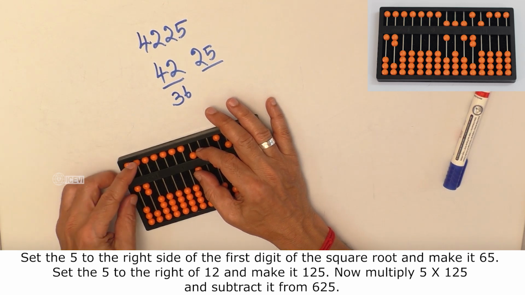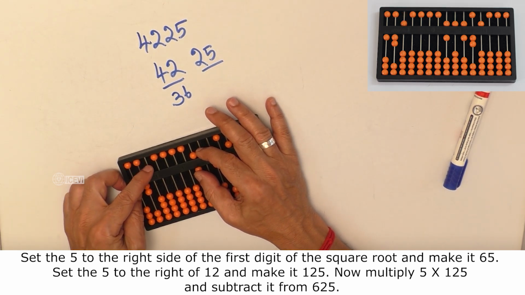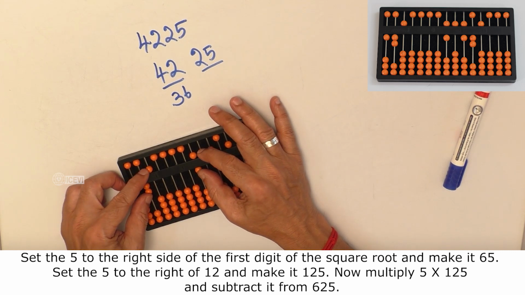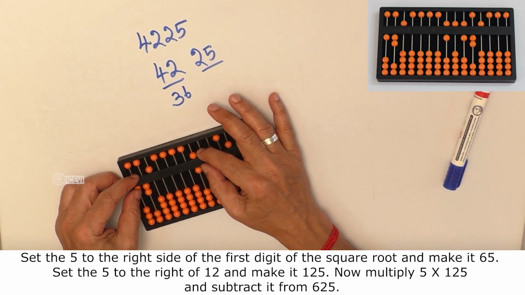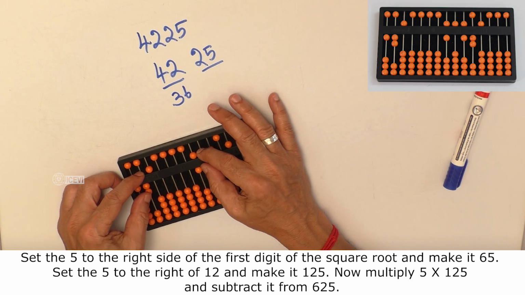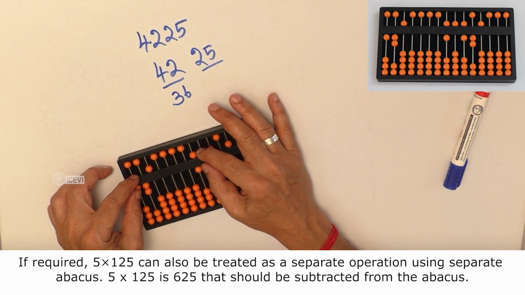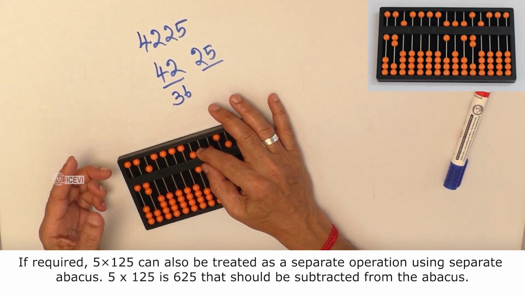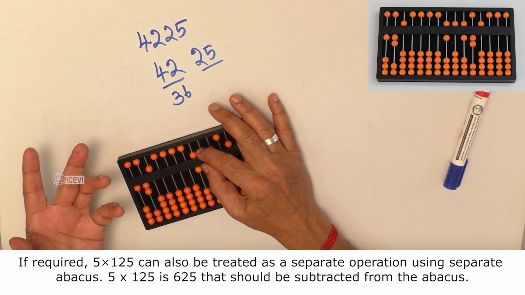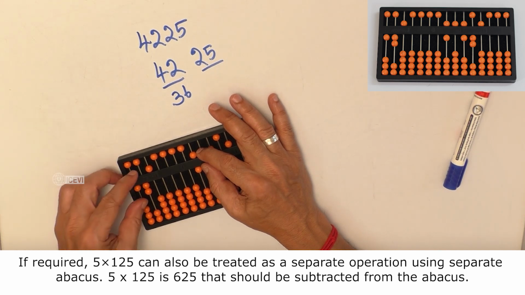Set 5 to the right of 12 and make it 125. Multiply 5 with 125 and subtract it from 625. If required, 5 multiplied by 125 can also be treated as a separate operation using abacus.